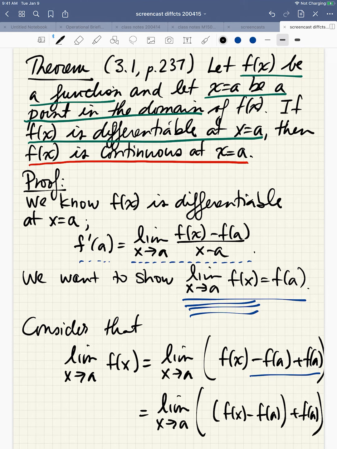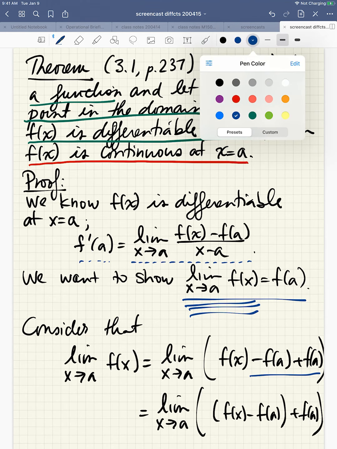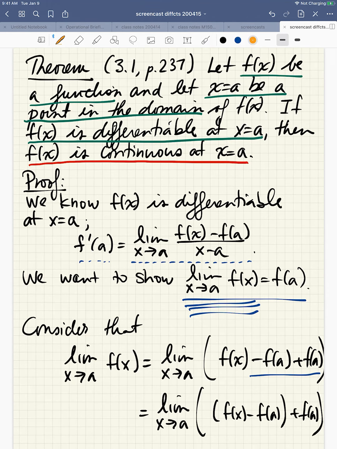And notice the first grouping, that f of x minus f of a, if you look at what we know right here about the fact that our function is differentiable at a, f of x minus f of a appears in that numerator. So by grouping this thing in this way, I'm putting myself in a position where I can maybe start taking advantage of that numerator.